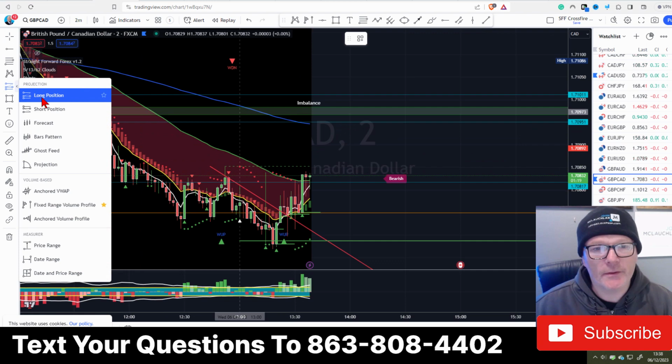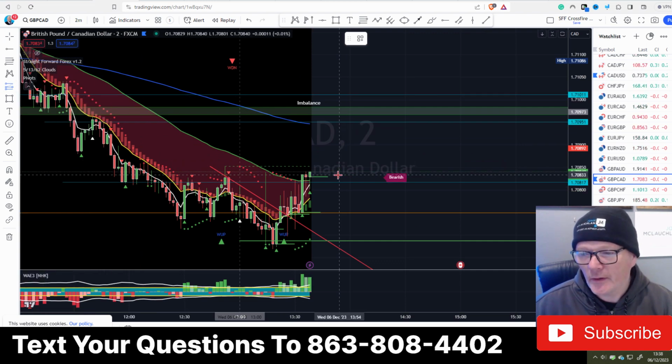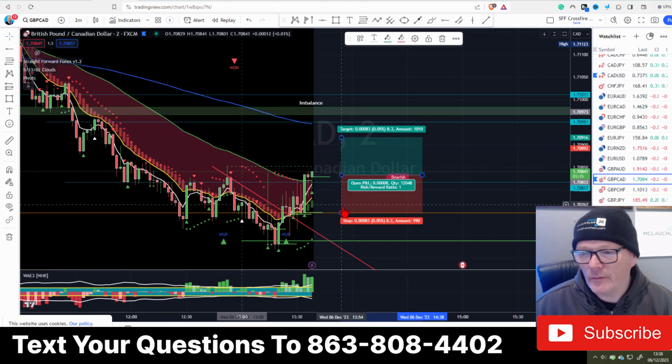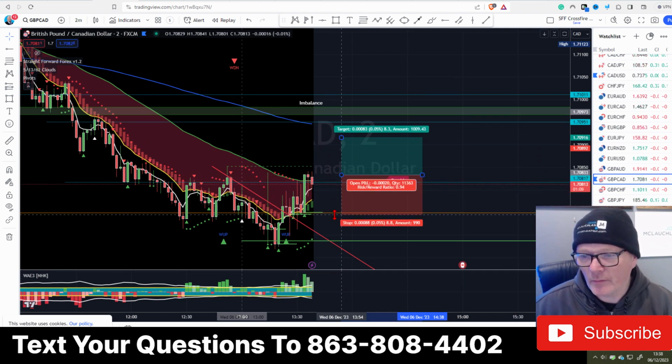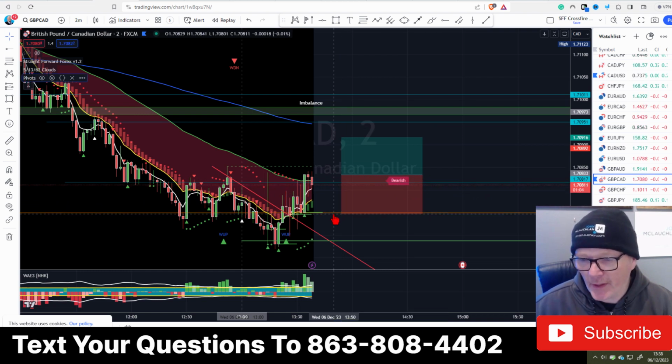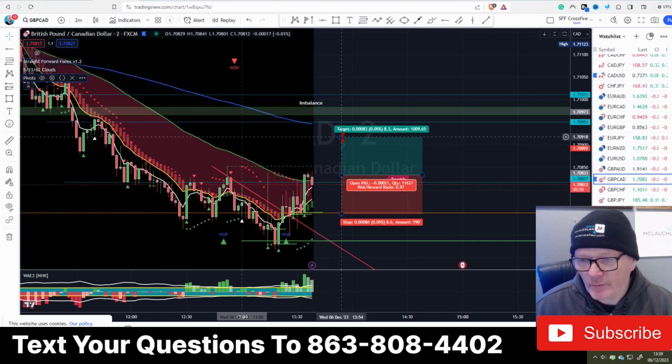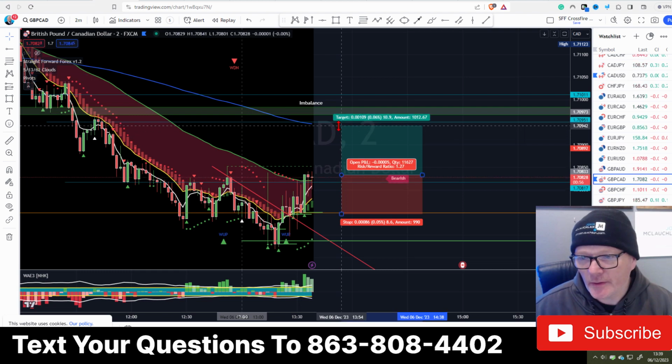So let's just see what happens if we did a long on this. So we would go stop loss, and again very similar to the previous one. You kind of get your pivot there. I would be tempted to put it there. I know it's a bit longer or a bit more, but it seems like a decent place.